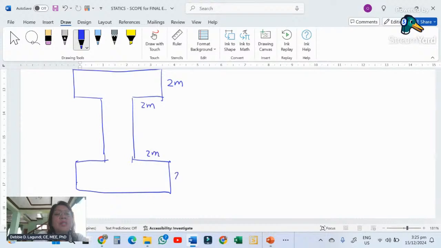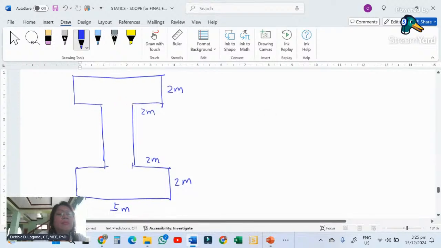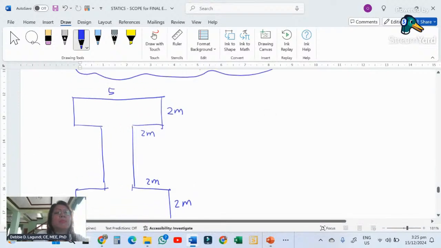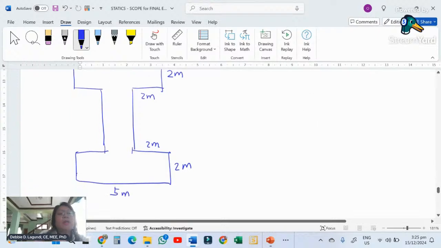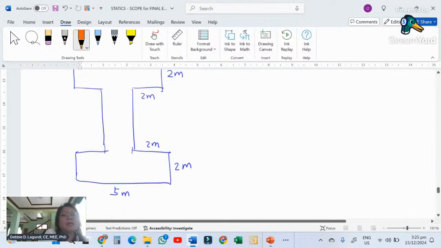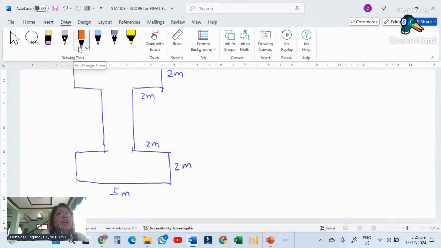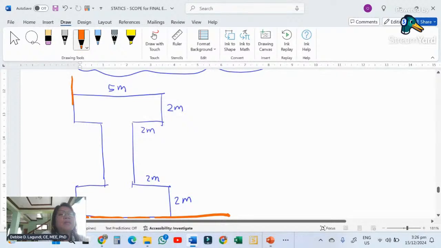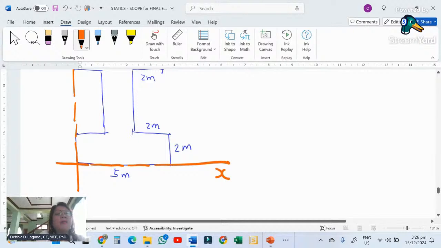All the short distances will be 2 meters, and the long ones will be 5. Let's assume that our neutral axis is here. Because it's symmetrical, you can already determine where the neutral axis is. So let's say this is the x axis for reference. This is your y for reference as well.